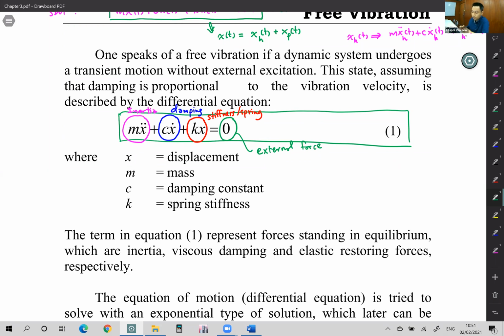If you apply a polynomial function of time t to the solution X, the problem is you cannot make the three terms, the summation of the pink, the blue, and the red, become 0.